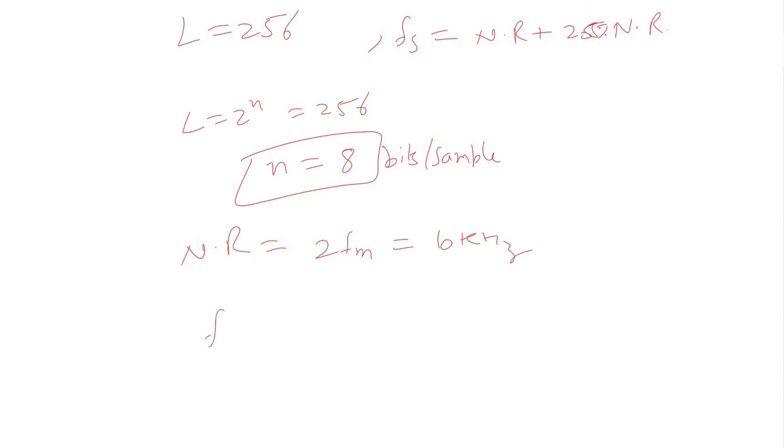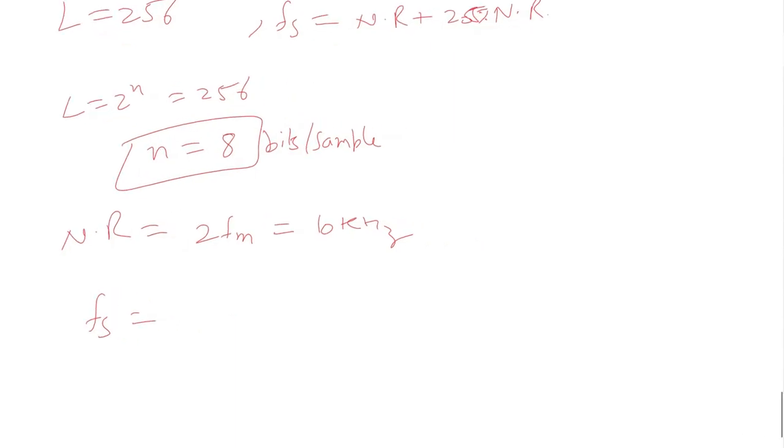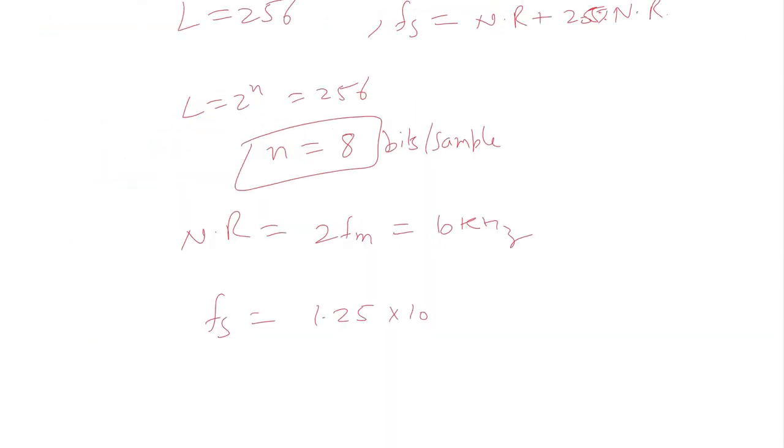So the sampling frequency Fs is 25% higher than the Nyquist rate, so it is 1.25 of 10, which is 12.5 kilohertz.